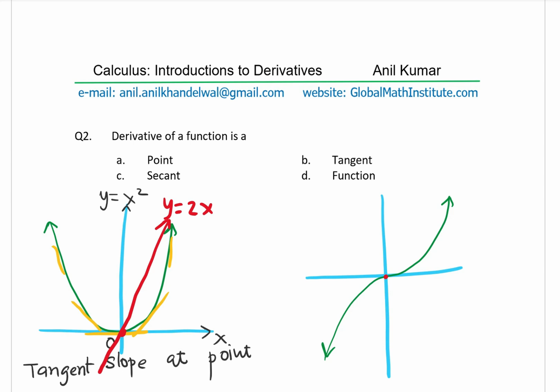However, it is always positive in this part, and here also it is positive. What we see here is that the slope is always positive, right? So we notice that slope is always positive.